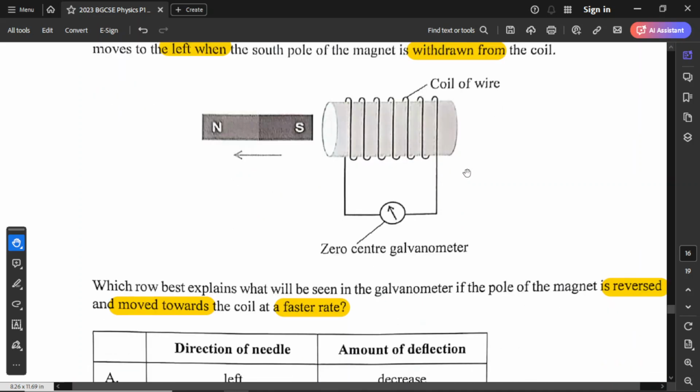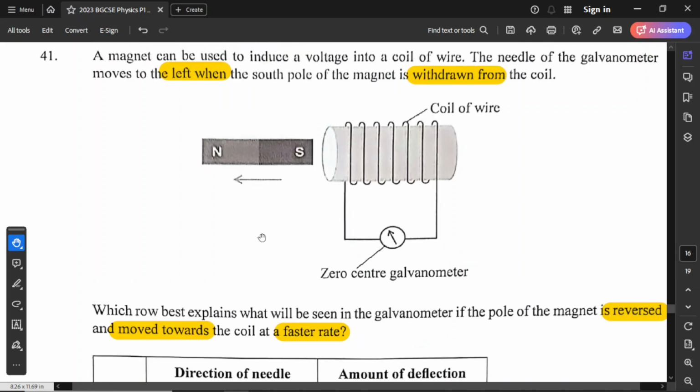We're asked which row best explains what will be seen in the galvanometer if the poles of the magnet are reversed and moved towards the coil at a faster rate. We know that if you switch around the poles, the deflection will be the opposite way.